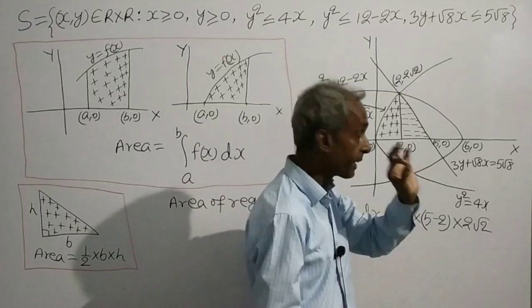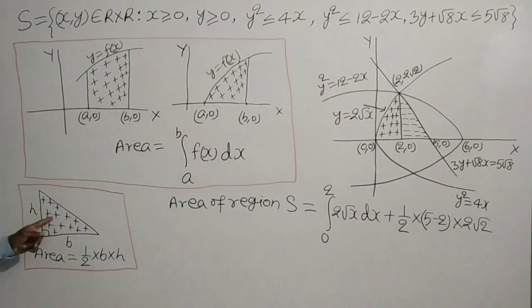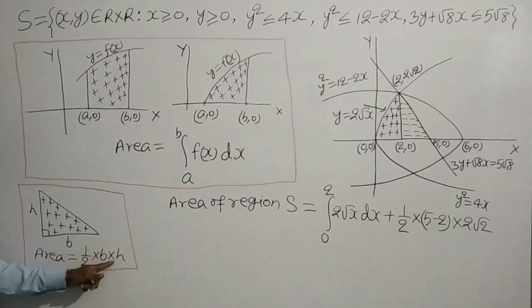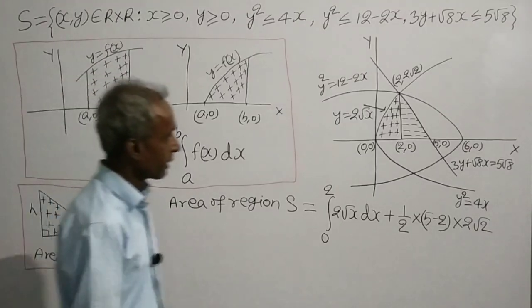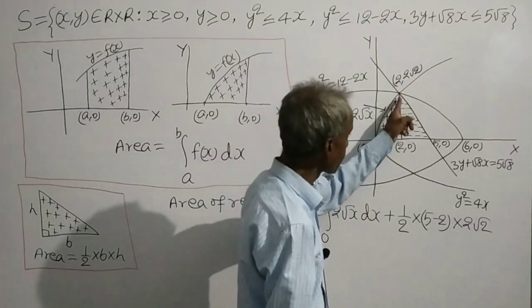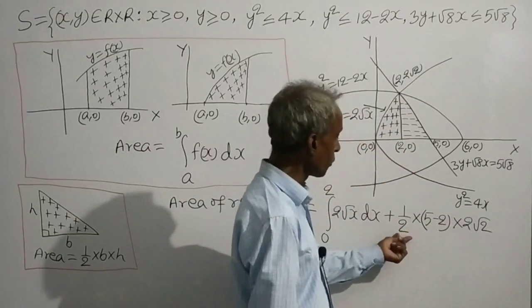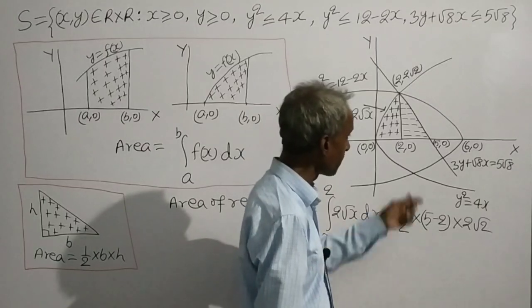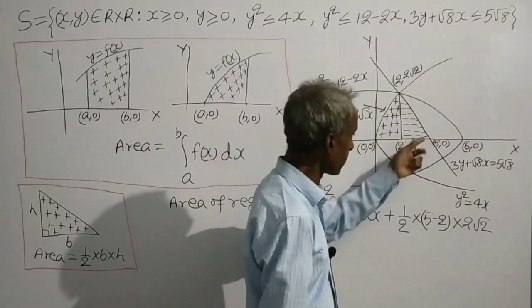the area shaded by minus sign is the area of a triangle, and we know that the area of a triangle is equal to 1 by 2 times base times height. Therefore, the area shaded by this minus sign will be equal to 1 by 2 times base. What is the base?